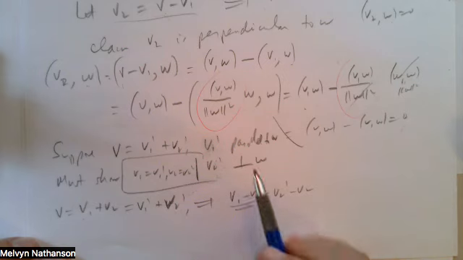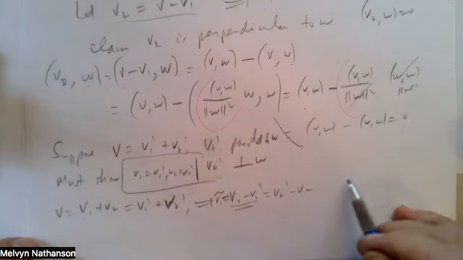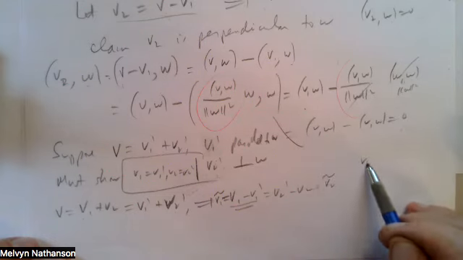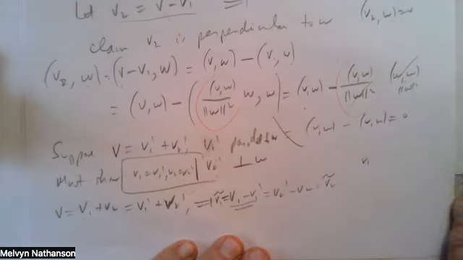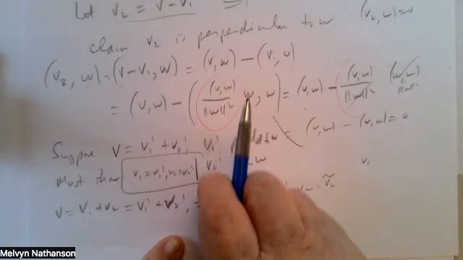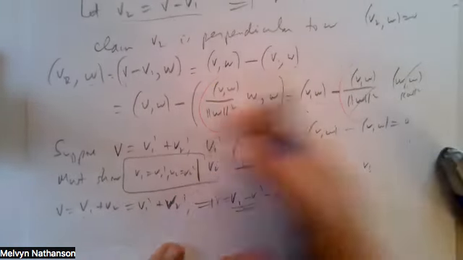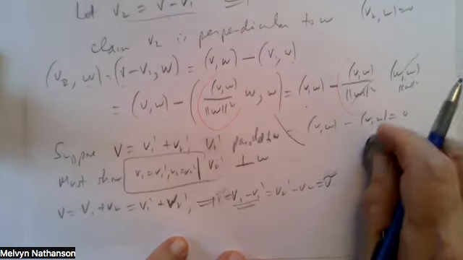So this is a vector. Let me call it V tilde. Actually, it's the same thing on both sides. So what can I say about V tilde?